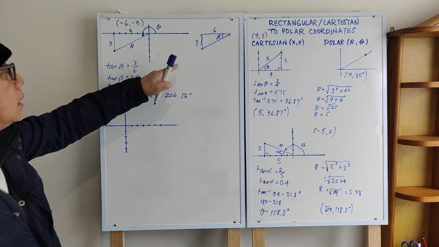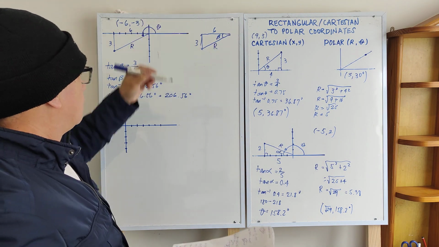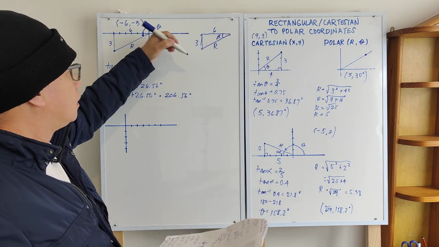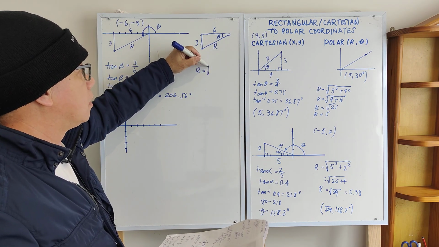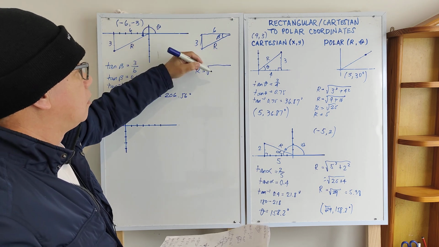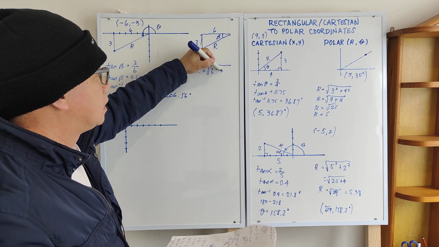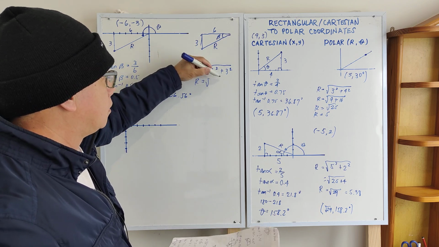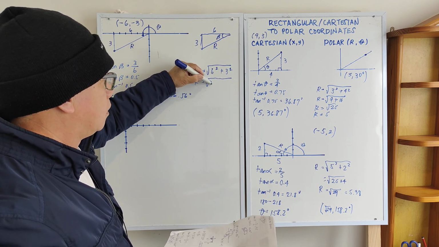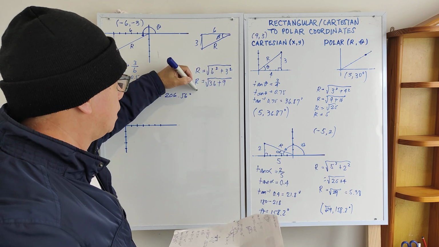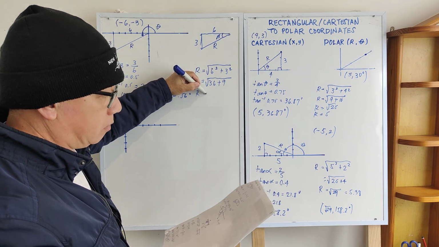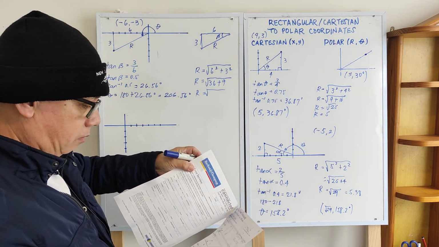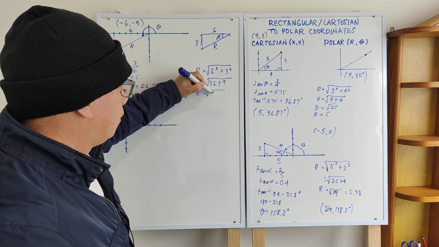So to get the r, again we use the Pythagorean theorem. R is equal to the square root of 6 squared plus 3 squared. So r is equal to the square root of 36 plus 9, which is the square root of 45.